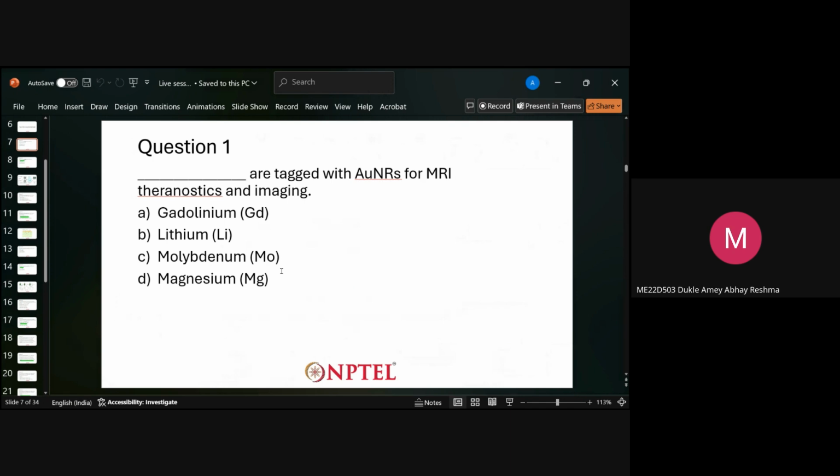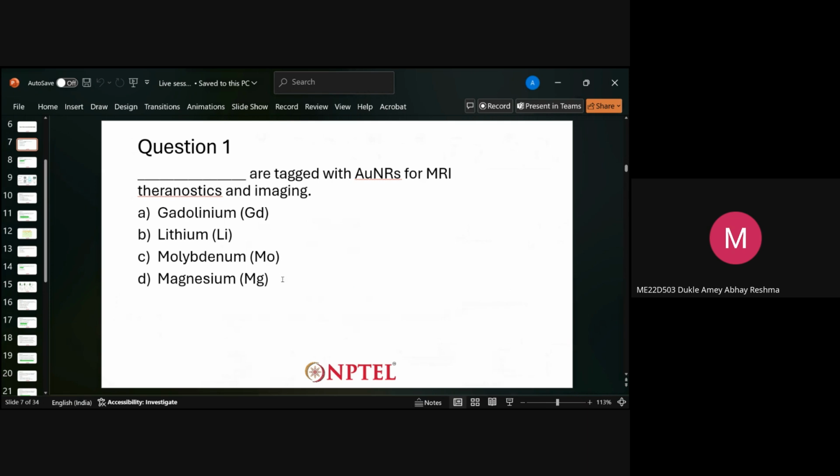So basically, with magnetic resonance imaging, just using MRI, you can find out where the drug is. So it can be used for tracking as well, and all sorts of activities.